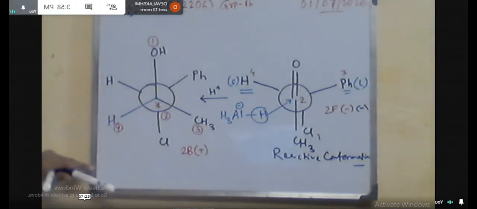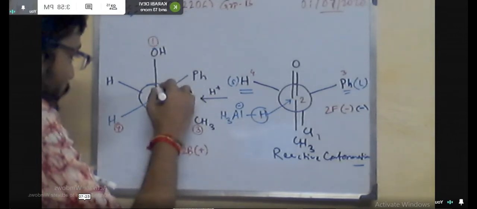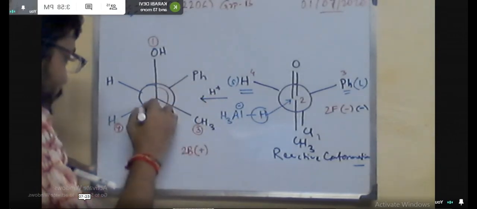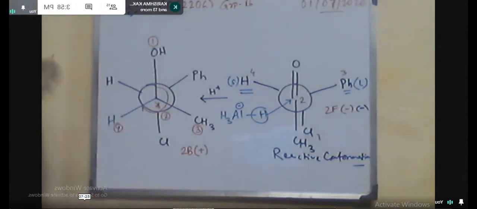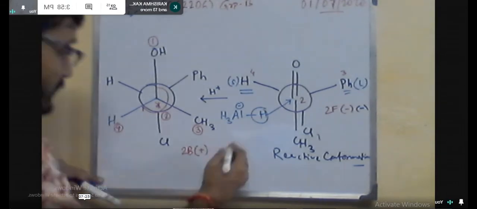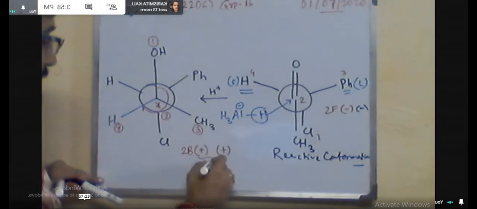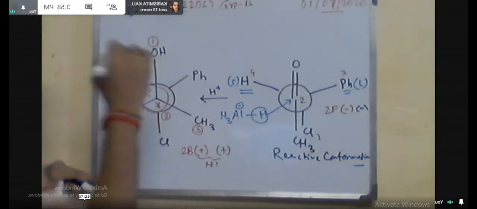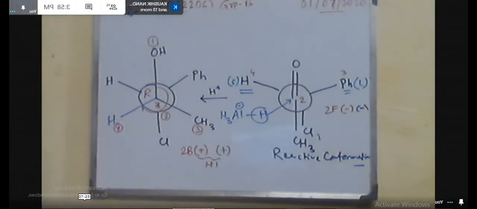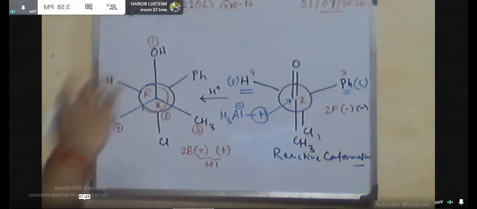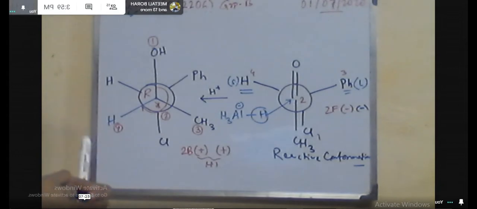So we will keep this position fixed. Now just put the substituent in this position, and according to the CIP we have the numbering like this way, this is 3, this is 2.